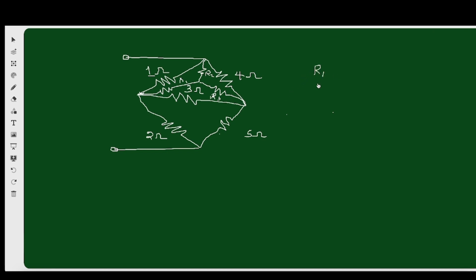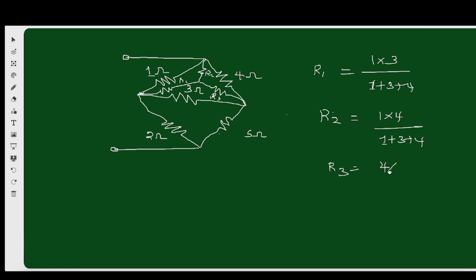It is delta to star, so R1 will be the adjacent resistors, which is 1 times 3 divided by the sum, that is 1 plus 3 plus 4. R2 will be 1 times 4 over 1 plus 3 plus 4. And R3 will be 4 times 3 over 1 plus 3 plus 4. That's straightforward because 4 and 3 are adjacent to R3.